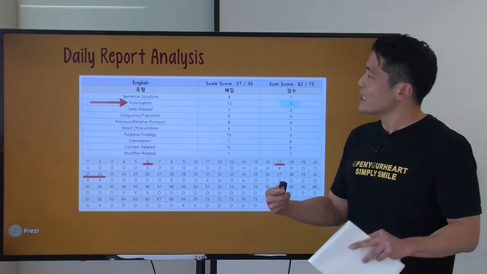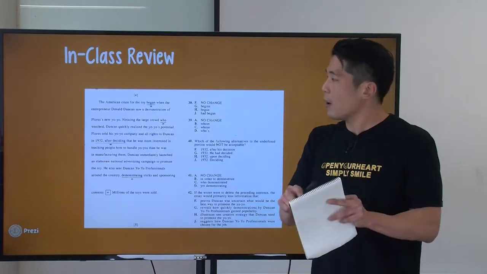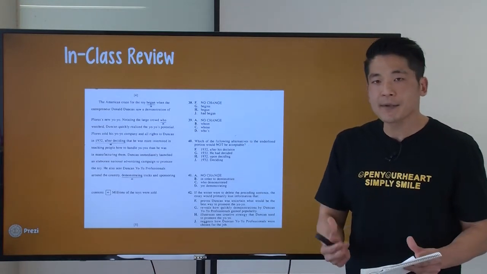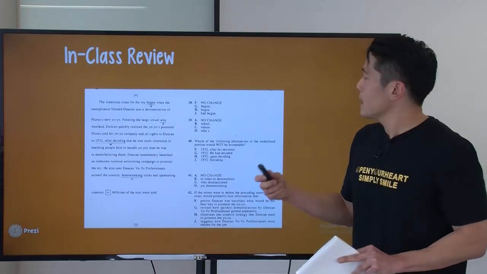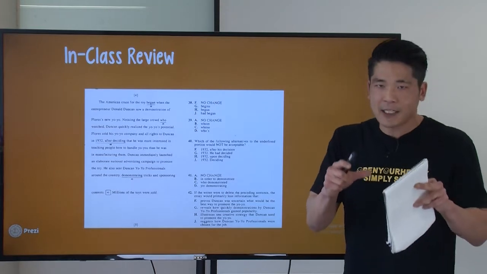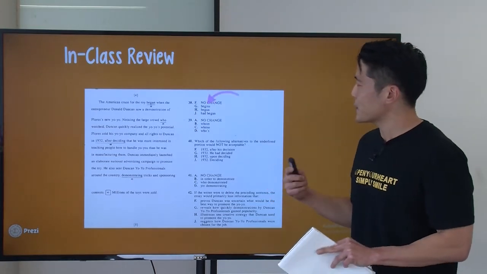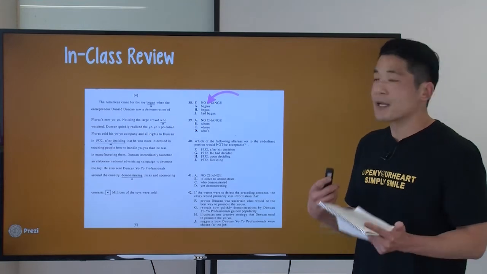Now, after students get this exam, what we'll do is review all of the questions that students missed in class. When I go over the questions in class, I will provide a very detailed explanation of all of the questions that students missed. I'll break every single question down into its fundamental parts.